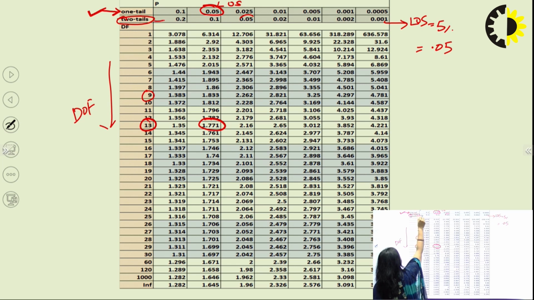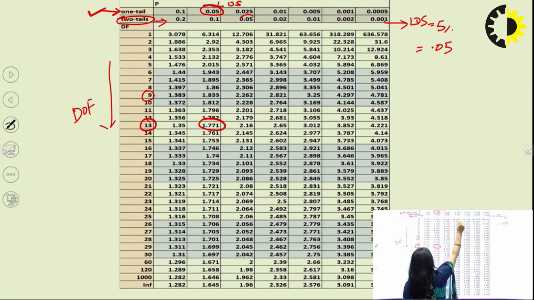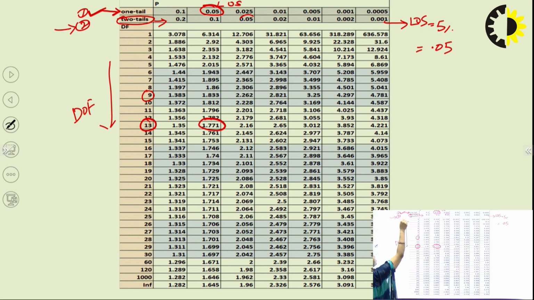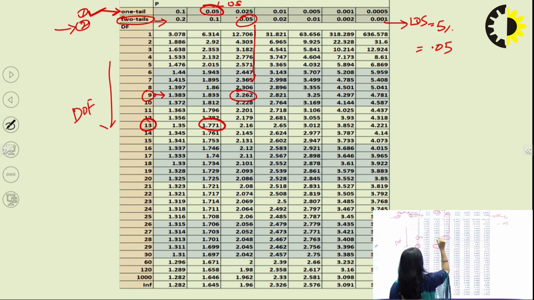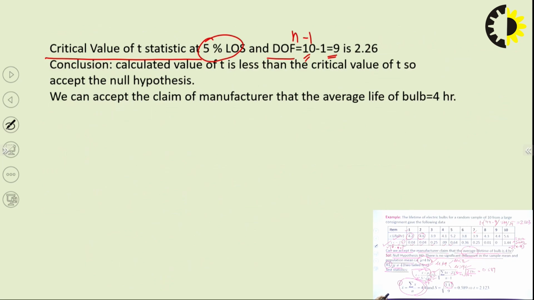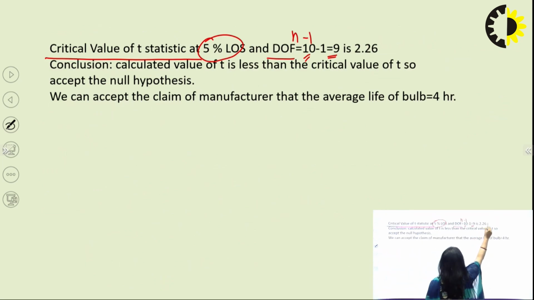So you will find the critical value using the second row, where you can see two-tail. So 0.05, this one is 0.05. Now come down in this direction and go rightwards. Where these two directions cross each other is 2.262. So the critical value is 2.262.